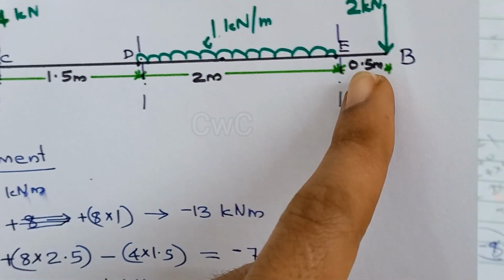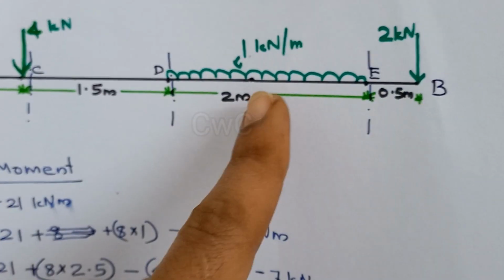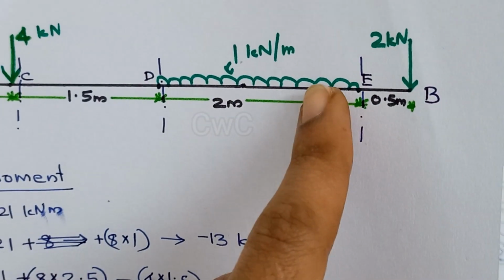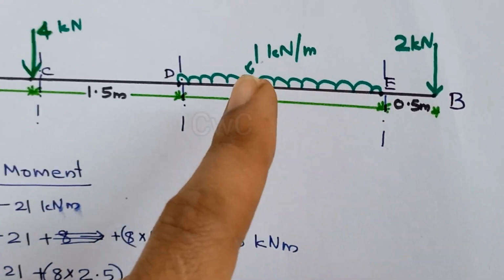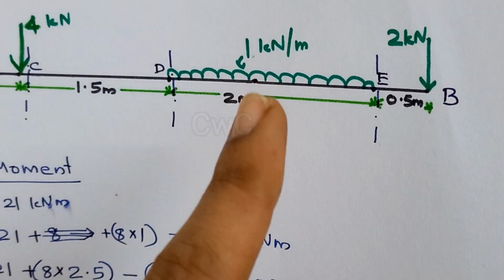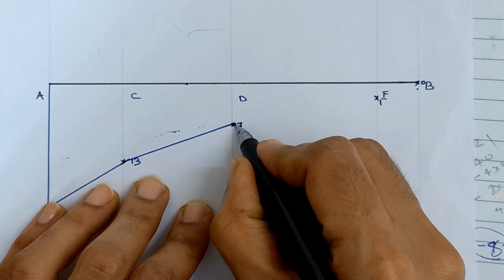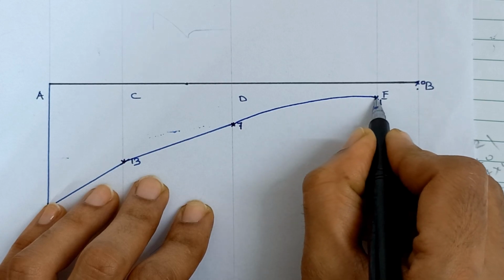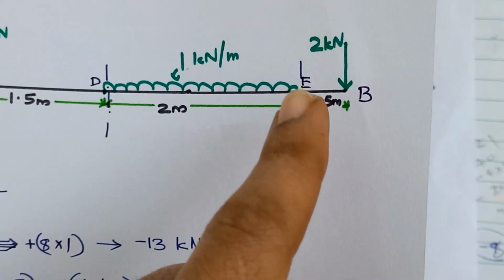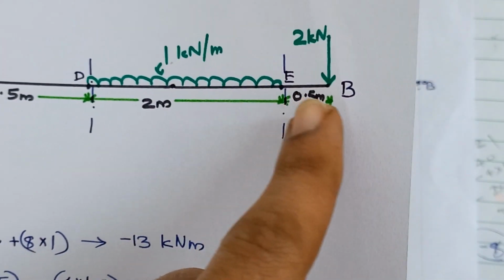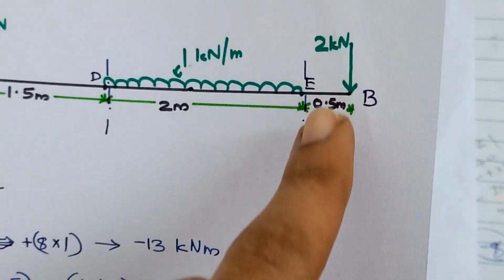From D to E we have a UDL, that is load is constant, shear force variation will be linear and bending moment variation will be quadratic. So we have to draw a parabola from D to E. From E to B we don't have any other load, so shear force variation will be constant and bending moment variation will be linear.